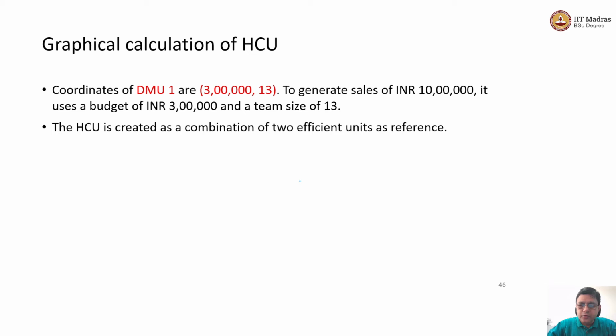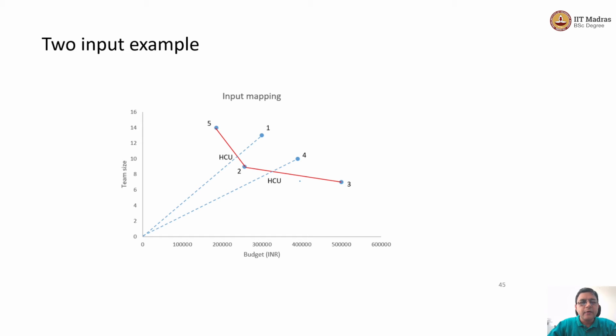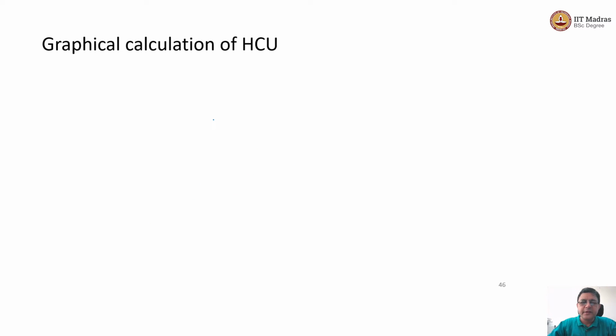Now, the HCU for DMU1 is a combination of two efficient units, and we already identified what the composite will be. What is the composition of this HCU? The composition of this HCU will be efficient unit 2 and efficient unit 5.